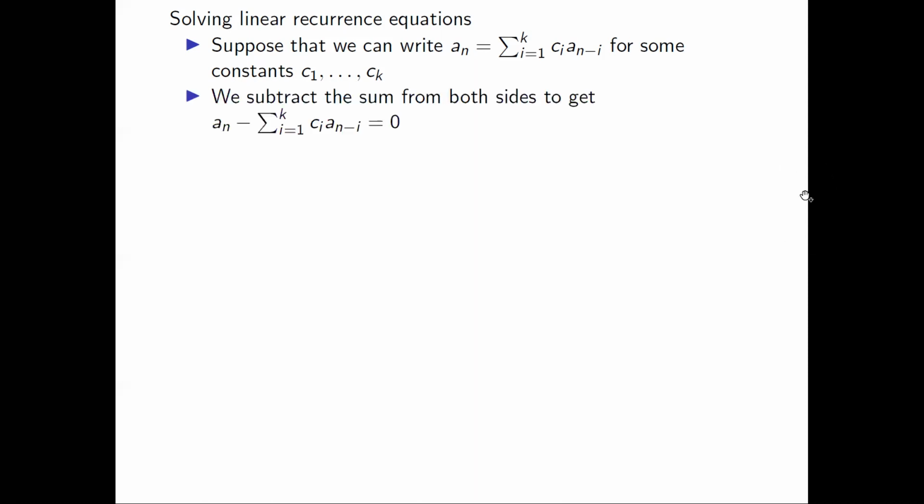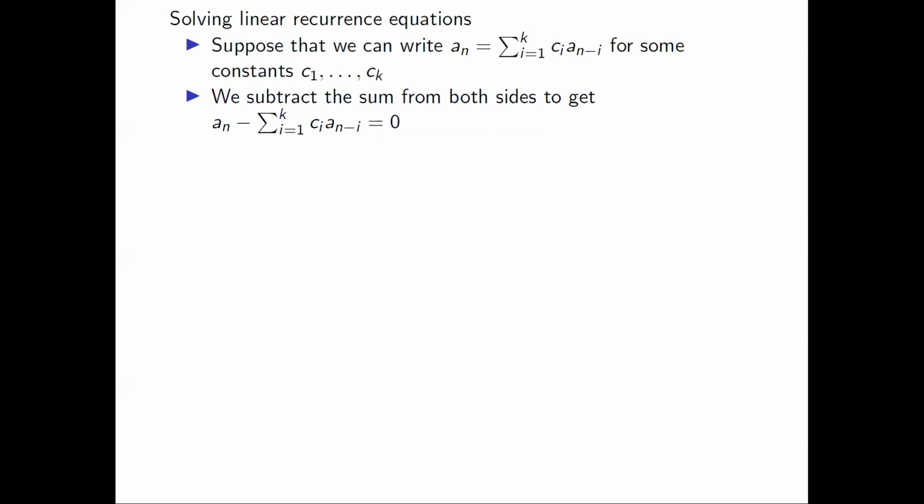Given that linear recurrence equation, we'll subtract the right side from both sides to make the right side 0. That gives us a sub n minus the sum from i equals 1 to k of c sub i times a sub n minus i equals 0.